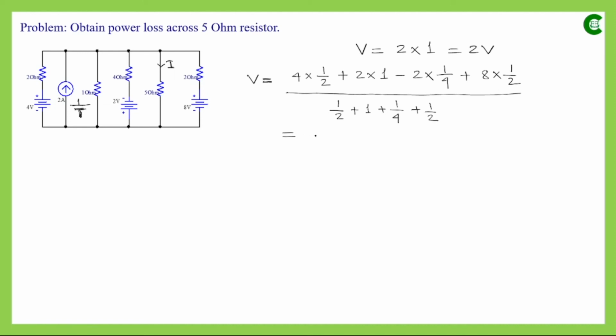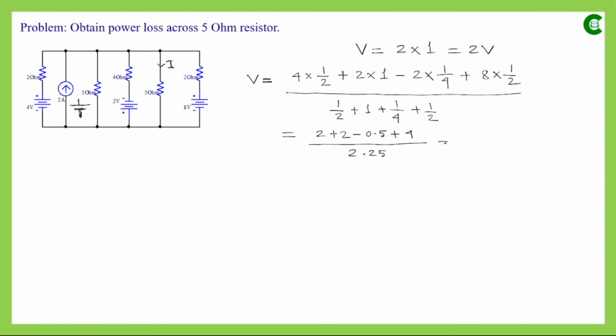If we simplify further, then it will be 2 plus 2 minus 0.5 plus 4, and in the denominator we will have 0.5 plus 0.5, 1, plus 1, 2, and then 0.25, so it will be 2.25.